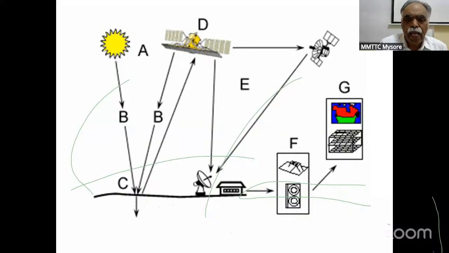As soon as the sun rays fall on the land, B is the sun rays, and C is the land. The sun ray is falling on the land. Here I'm talking about it can be open soil, a vegetative cover, a water body, a building, a road, or any type of land. What happens?